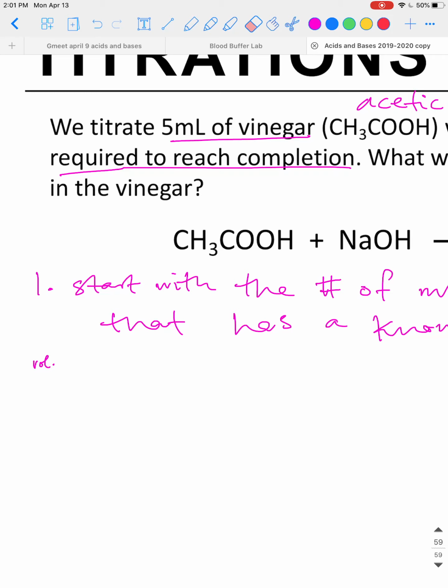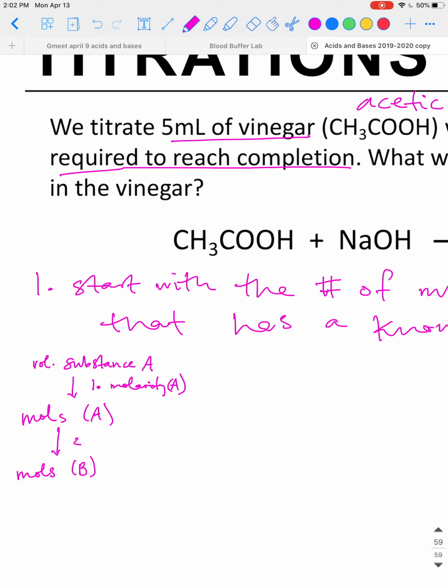We start with volume of substance A. We're going to convert to moles of substance A. Then we're going to convert to moles of substance B. Here we're not getting a volume. We're trying to figure out a concentration. So we're actually going to stop here. How do we do this? Step number 1 is you use a molarity of substance A. Step number 2 is a mole ratio.